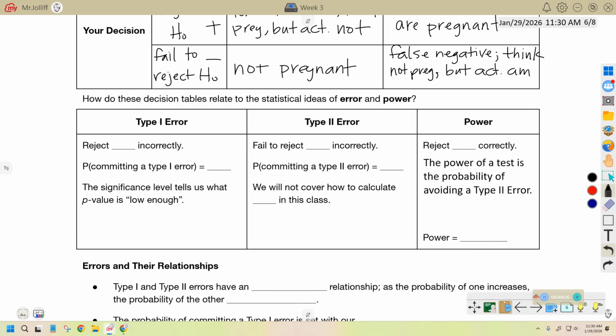All right. Summaries about errors in power. Reminders. Type 1 error. I am rejecting the null when I shouldn't. Reject H0 when I should not. The null is true. The probability that I make that mistake is our significance level, alpha.